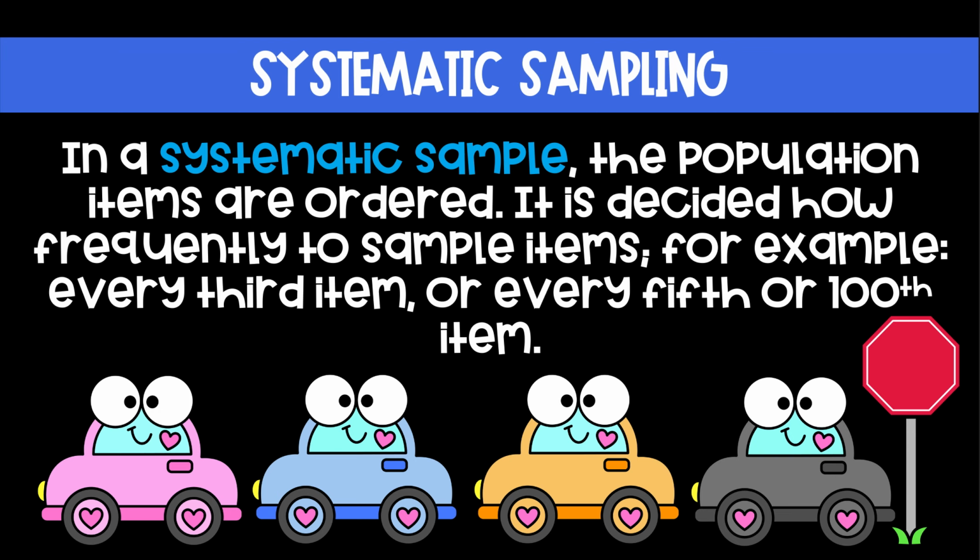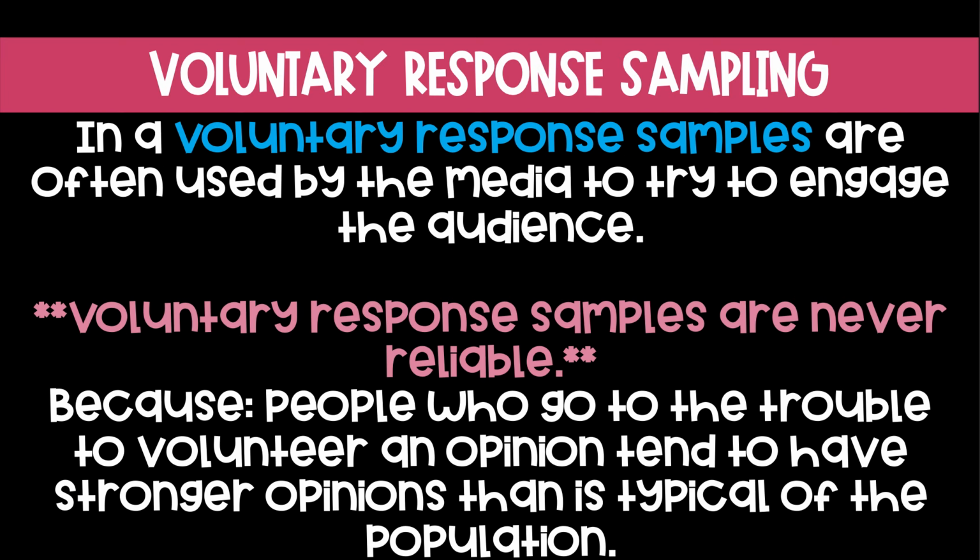And our last sampling method is called voluntary response sampling. In a voluntary response sample, the population, I guess, would be sent a survey or whatever you want to assess, and they decide whether or not to participate.